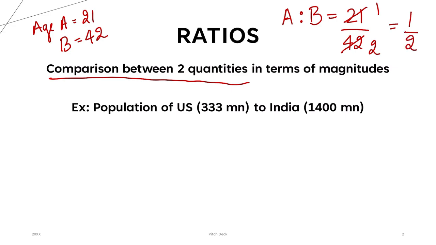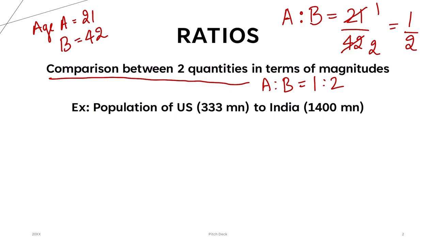So A ratio B is 1 ratio 2, which means B is twice as old as A. I hope it is clear. 1 ratio 2 means A is half the age of B, or B is twice as old as A. So this way ratio helps in comparing two quantities in terms of their magnitude. I hope this is clear.